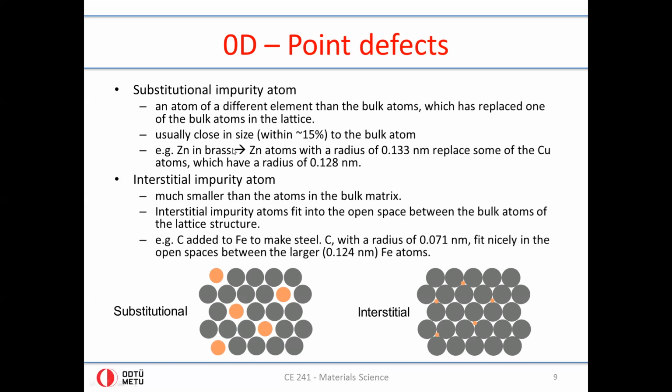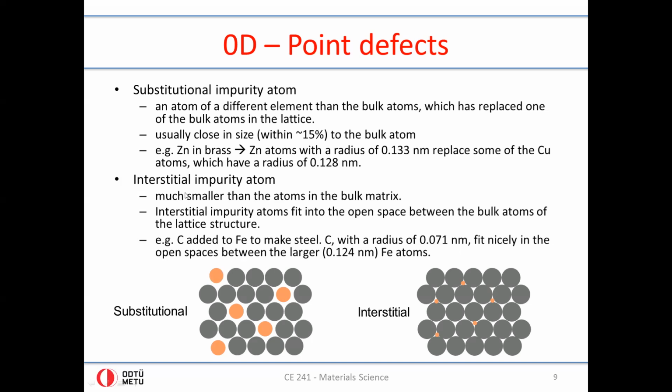So brass is an alloy that contains copper and zinc, and it has mostly copper atoms, and some of those atoms have been replaced with zinc atoms because the atoms are similar in radius. They're able to replace the original positions.